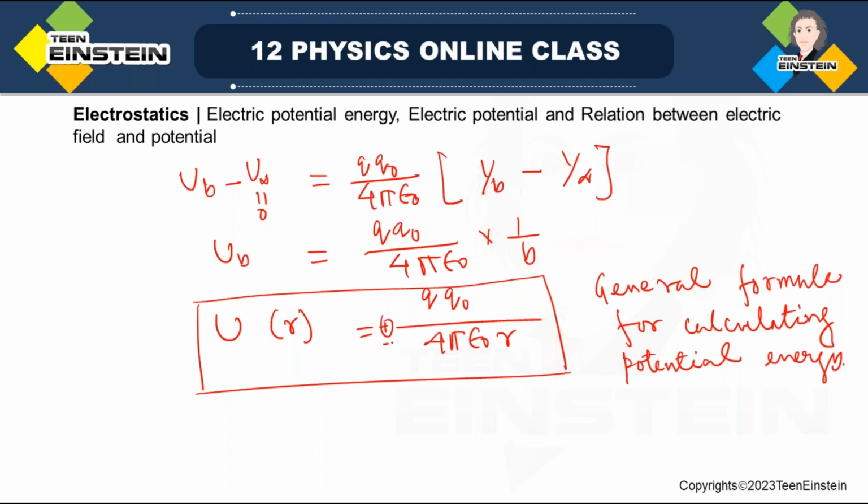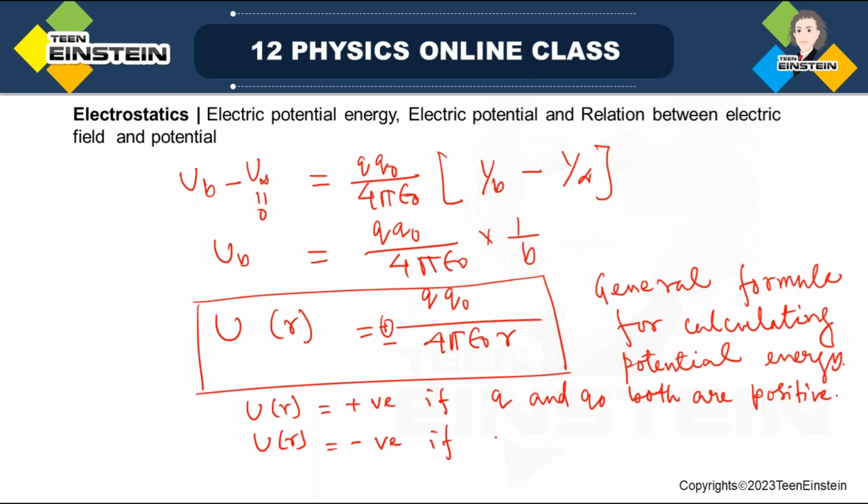If one among them is negative, then it is negative. So U(r) is positive if q and q0 both are positive, and U(r) is negative if one of the two charges is negative. Okay, so this is the potential energy.